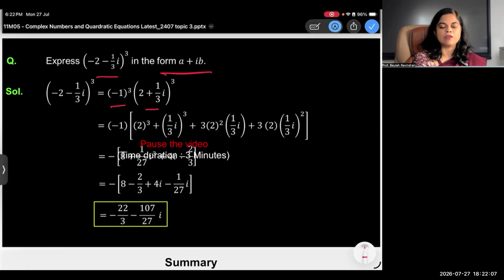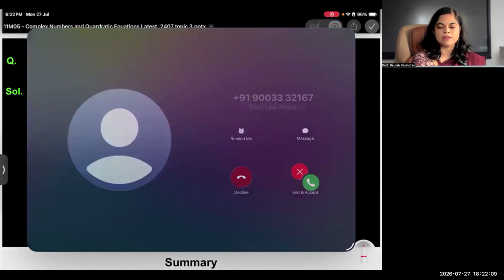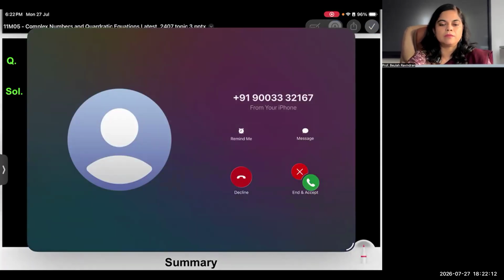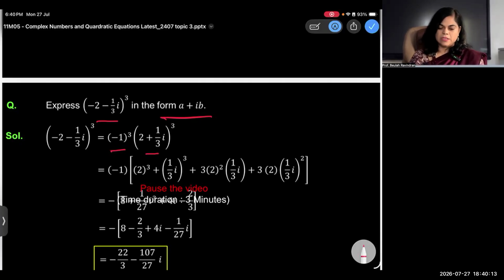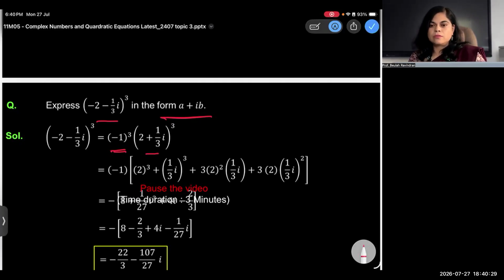Okay. See, how can we write? See, for example, here: express (negative 2 minus 1 by 3i) the whole cube. So what is this? You can take minus outside. So minus 1, the whole cube, is taken outside, and inside it will be 2 plus 1 by 3i the whole cube, right?